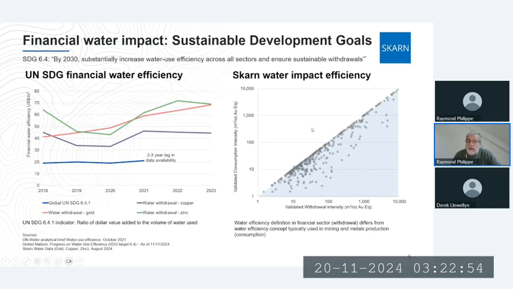All the assets to the right of this specific line have a much higher withdrawal than the water that they consume, and they discharge that amount of water. And that has a direct impact on what you see here on the left. If you take this aspect into consideration, the financial water efficiency based on consumption for the mining sector is generally much higher.